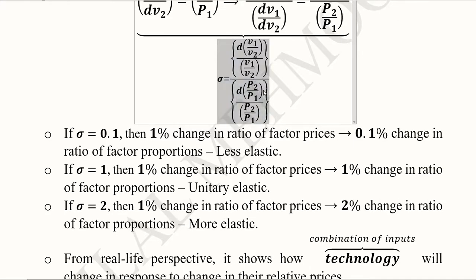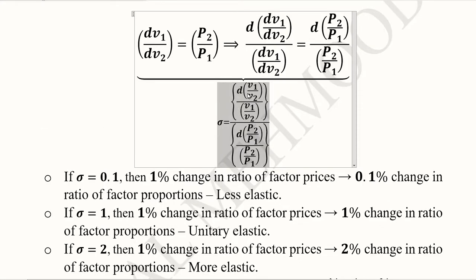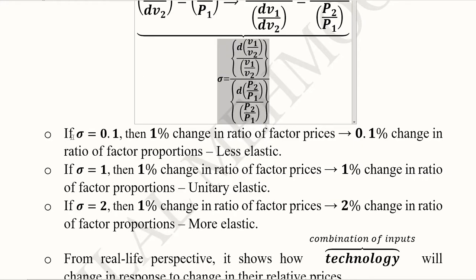Again, it is not that difficult because we know about the numerator. We can also find the denominator simply by remembering the values of P1 and P2. And now we have the elasticity of substitution. Its value can be equal to 1, less than 1, or greater than 1. This is something which happens with every elasticity.